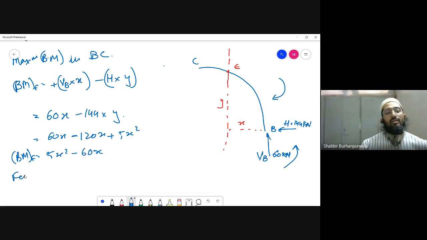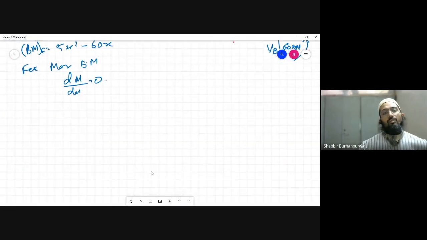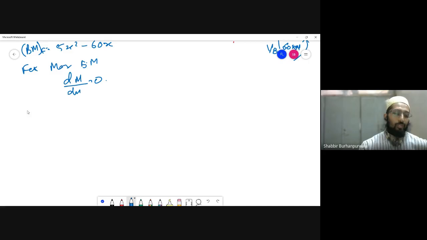For maximum bending moment, dM by dx is equals to 0. So taking dM by dx equals to 0, what is the answer we are going to get? d by dx of 5x square minus 60x is equals to 0.